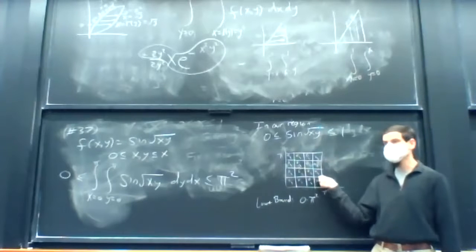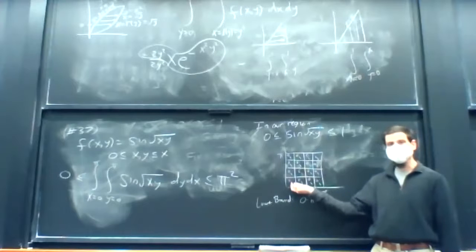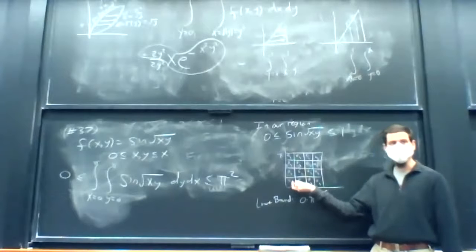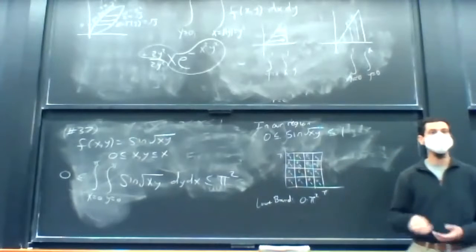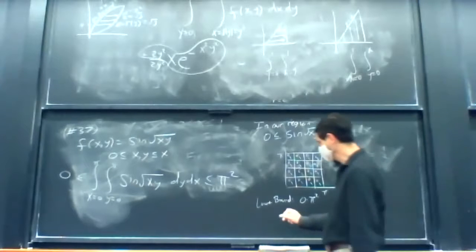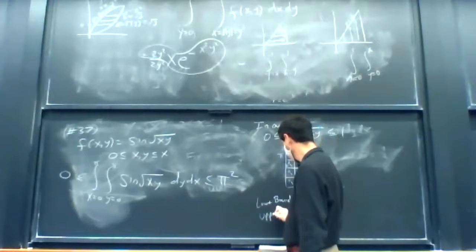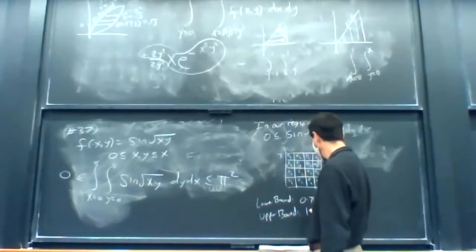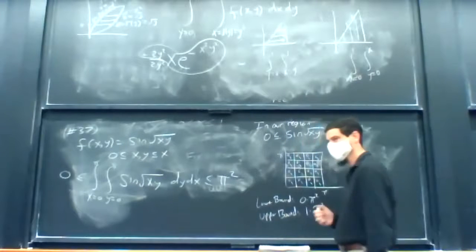If I had different lower bounds for each square, I would have to take the area of each square and multiply by its lower bound, and then sum all. But because they all have the same value, it's just going to be that value times the total area. And the upper bound is going to be 1 times pi squared.